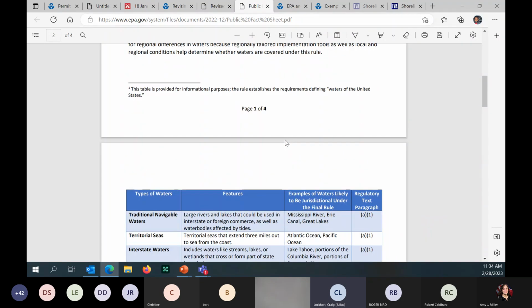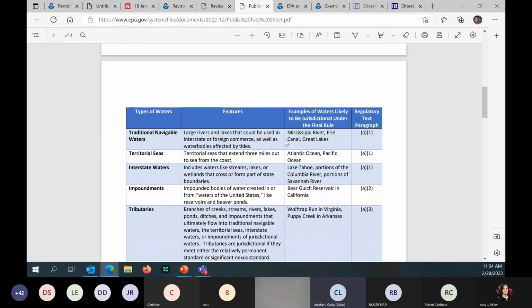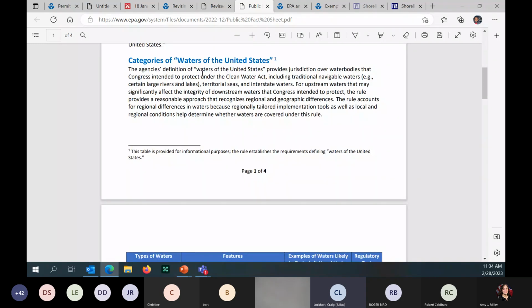If you scroll down, it lets you know what the definition is. The agencies' definition of waters of the United States provides jurisdiction over water bodies that Congress intended to protect under the Clean Water Act, including traditional navigable waters, for example large lakes and rivers, territorial seas, and interstate waters.